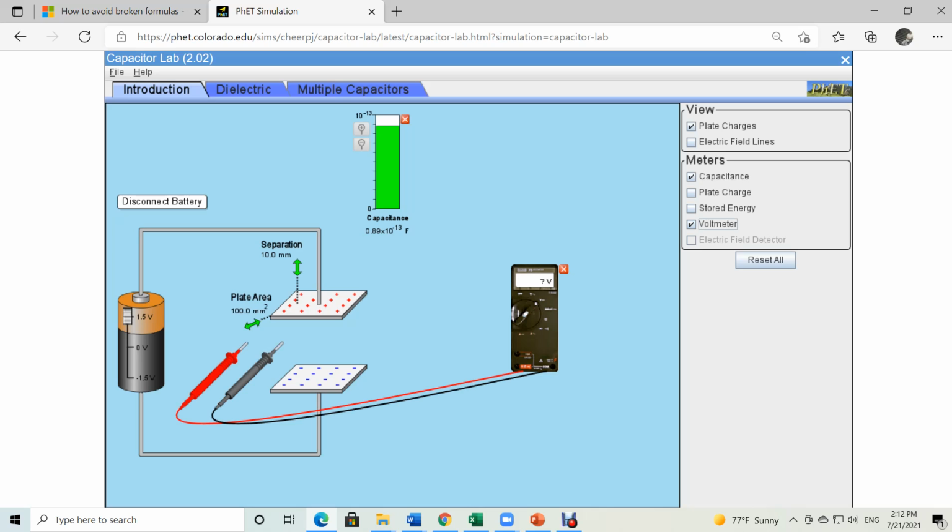Let me show you a voltmeter that I have. This is a real life device, okay? Here you go, I got it.